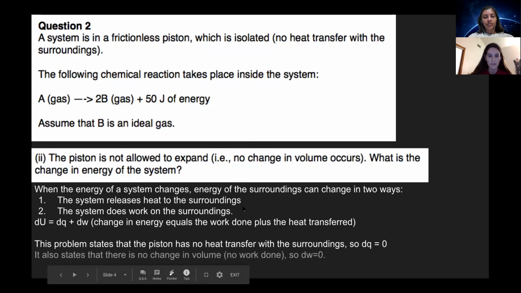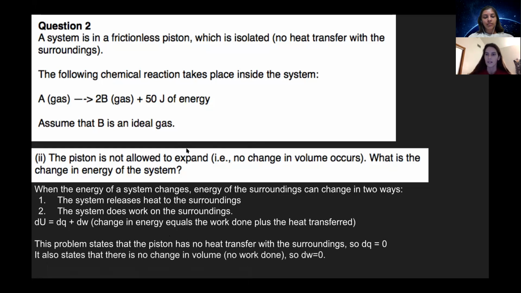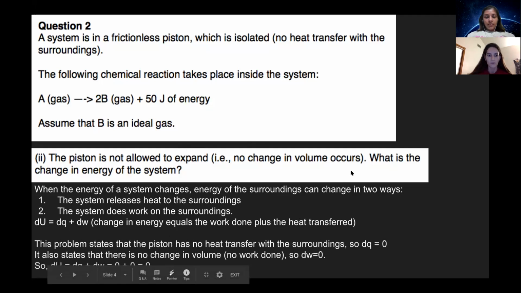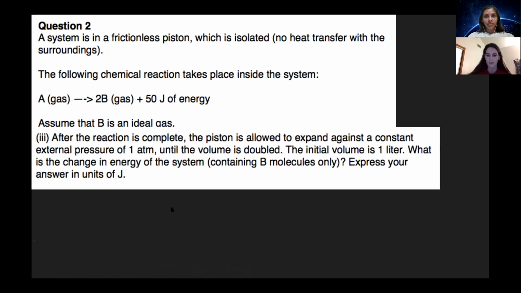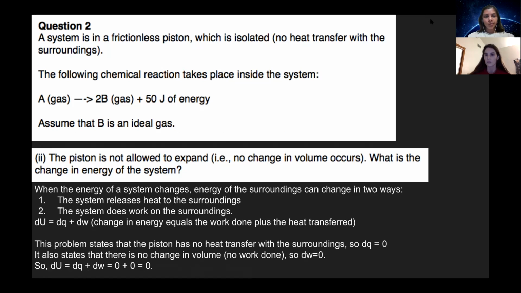It also states that there's no change in volume in this subsection of the question, and that means that there's no work done. So dW is also going to equal 0. If you fill out the equation using this information, you'll find that the change in energy is also 0. So yeah, there's no change in energy of the system.